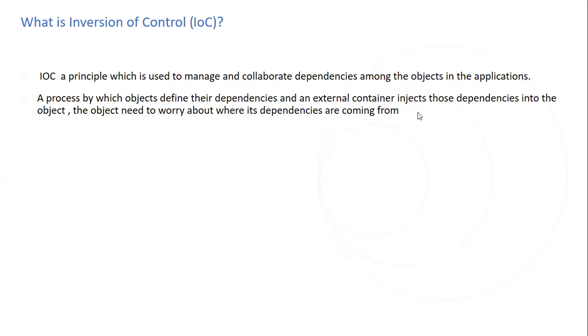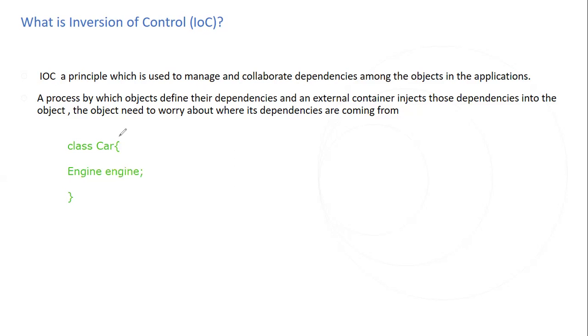The object need not worry about where its dependencies are coming from. Just like suppose a Car class requires an Engine dependency. You are not required to take care of where the engine dependency comes from. Automatically, the container will provide the engine object to the car object.